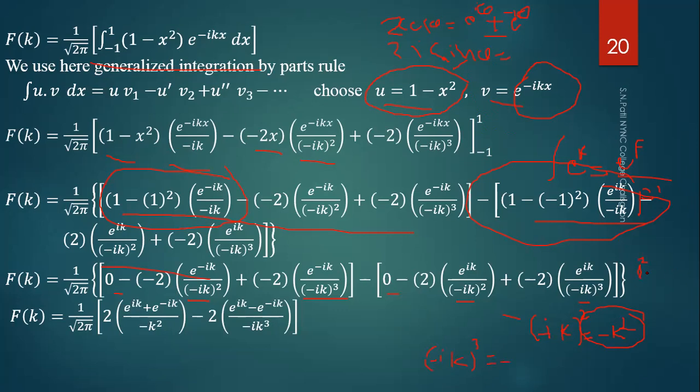We know that i square is minus 1, and multiplied by the minus sign, we get i raised to 3, which is minus i, and here a minus sign, so minus minus plus. And this i and k raised to 3 is k raised to 3. So we get plus i k raised to 3.